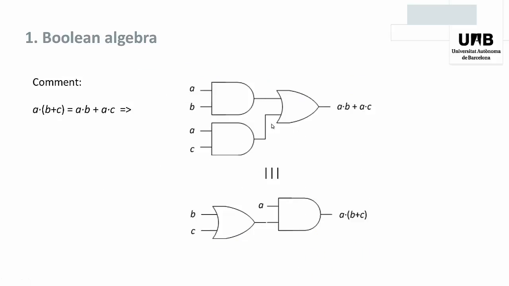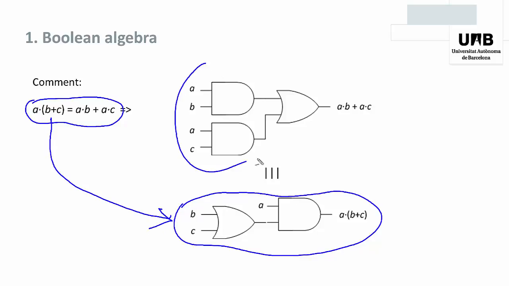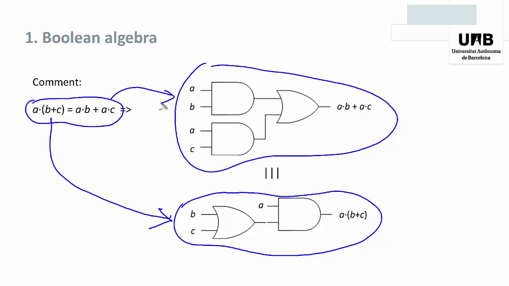An important comment from this property is that this circuit that implements this expression and this other circuit that implements the other expression are equivalent. Equivalent, I mean that they implement the same Boolean function.